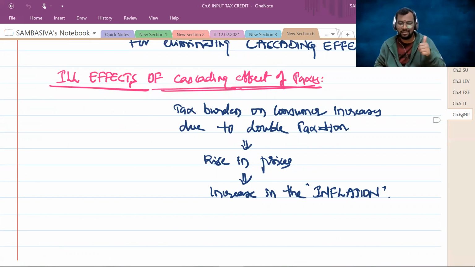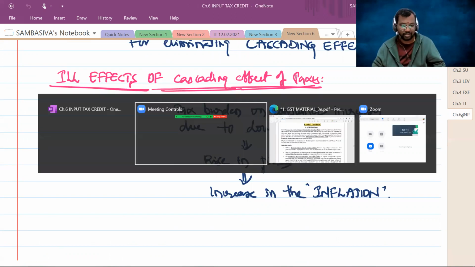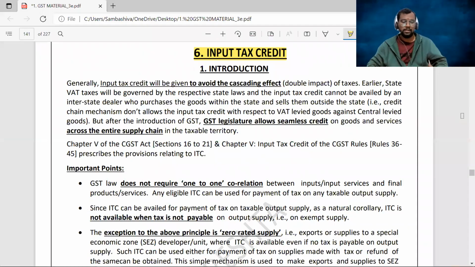Clear, sir? Everyone. So look at the introduction part. Generally, input tax credit will be given to avoid the cascading effect of taxes. Earlier, state VAT taxes were governed by the respective state laws, and the input tax credit could not be availed by an interstate dealer who purchases the goods within the state and sells them outside the state.